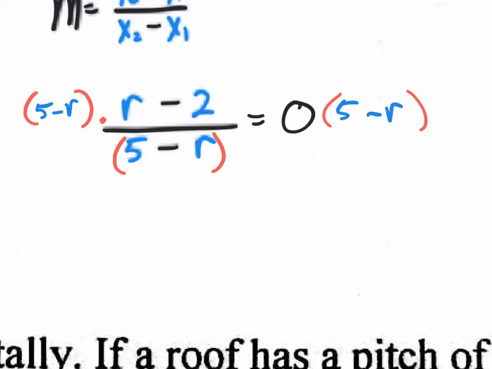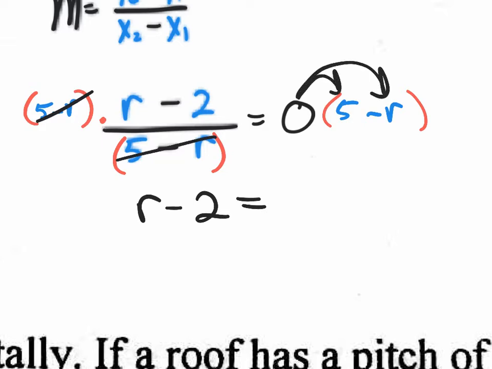Yes, the 5 minus r cancels with the 5 minus r. I end up with a new equation: r minus 2 equals, what's 0 times 5 and 0 times r? 0. So I still have r minus 2 equals 0. So what does r actually equal? 2. Yep, r equals 2.